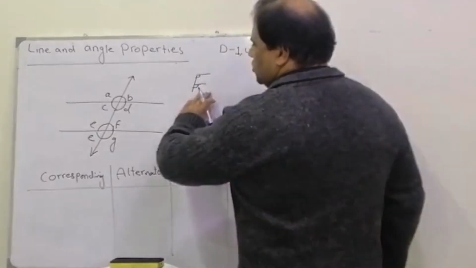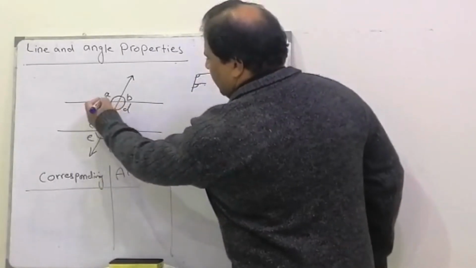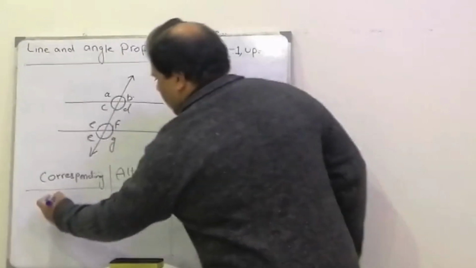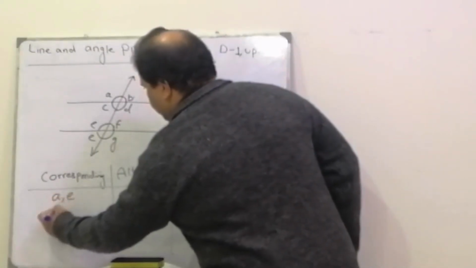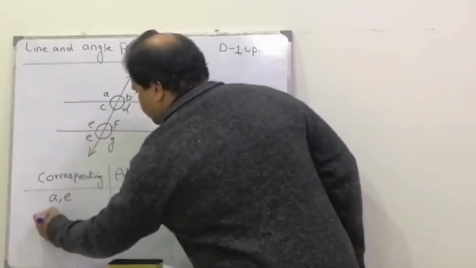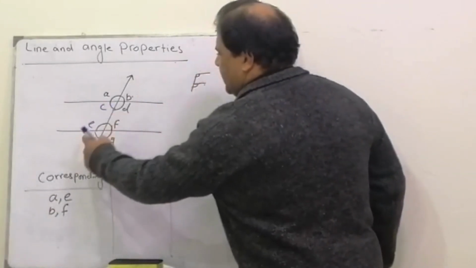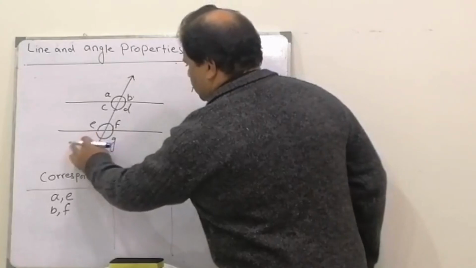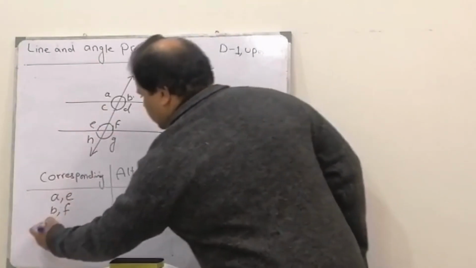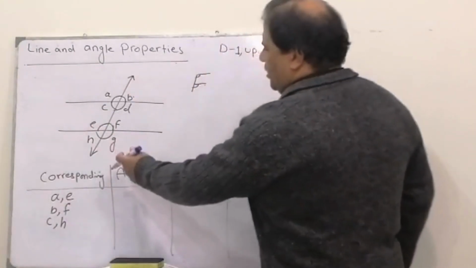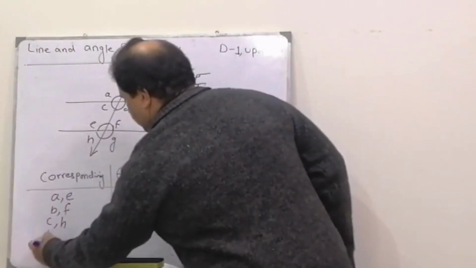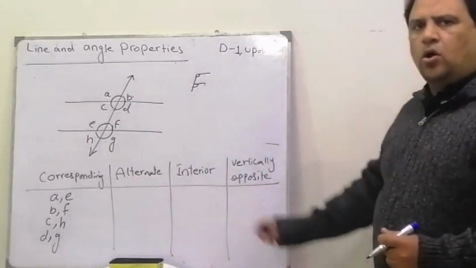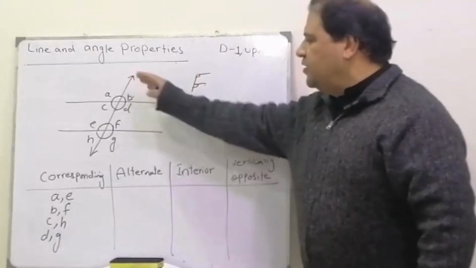So if we observe this situation, we can see that A and E are exactly at the same place. B and F. I'm just writing here A with E and B with F. You can see C with, wait a second, this is H. Sorry, C with H and D with G. If you observe the pairs which I have written, they are all exactly at the same place at the different intersection.